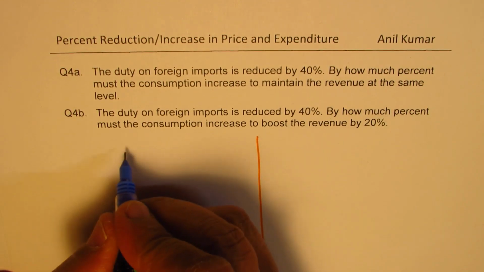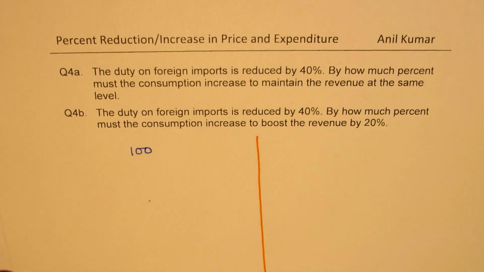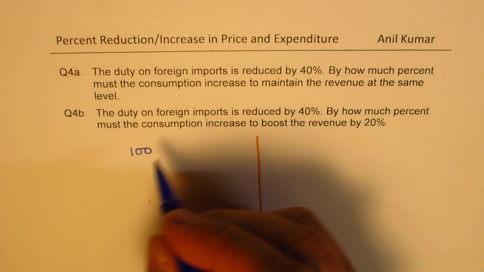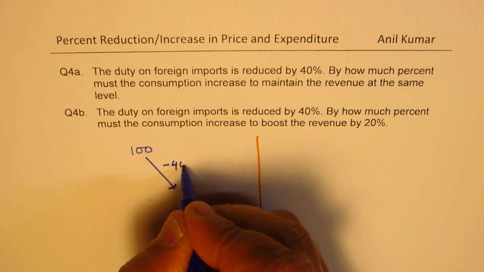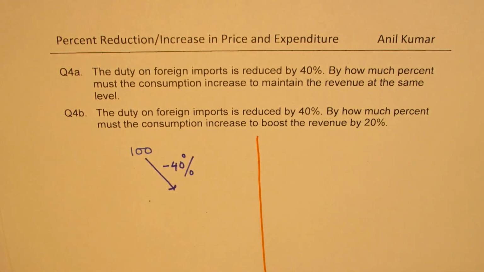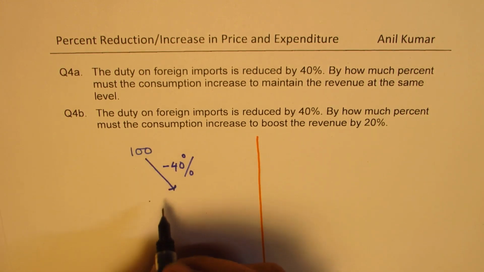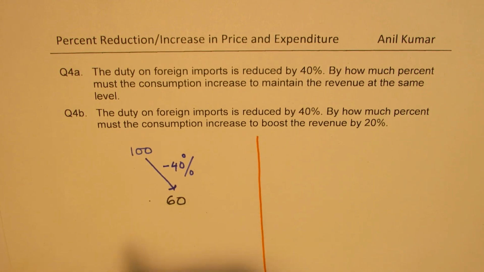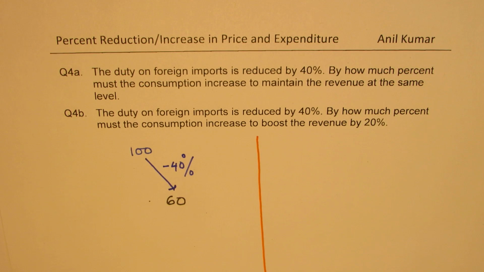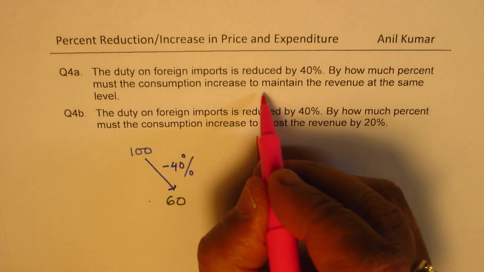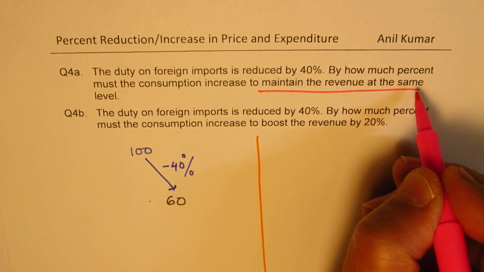So to begin with, let's say earlier we had $100 as revenue. Now when we say that it is reduced by 40%, right? So instead of 100, what are we going to get? 40% less. And that is, we are going to get 60. Is that clear? So that becomes the revenue. But what do we want? We want to maintain the revenue at the same level.